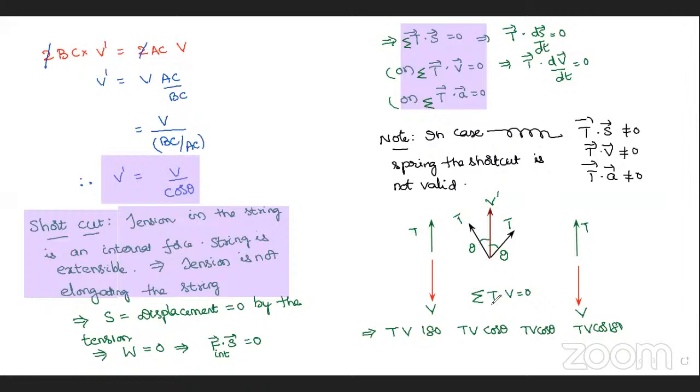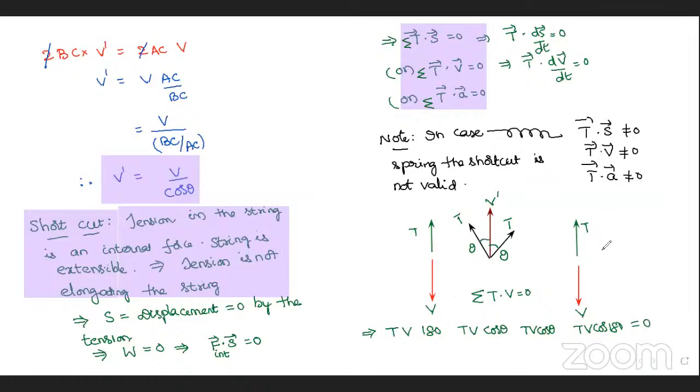So for all tensions, I wrote T dot V. Now is it clear? This is the shortcut of T dot V. How many tensions are there in the whole system? For all tensions, write T dot V, and the algebraic sum equals 0.